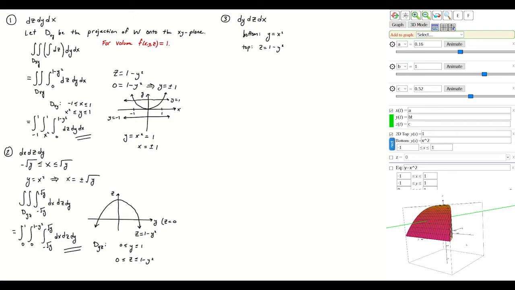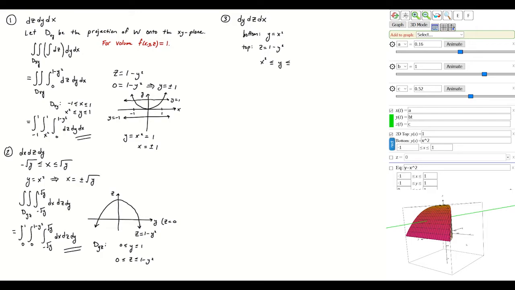Because we are doing this with respect to y first, our inequality has y sandwiched between two things, and whatever we put here and here, they have to be solved for y. The bottom surface is already solved for y, so we can import that without any alterations. So this is just x squared.